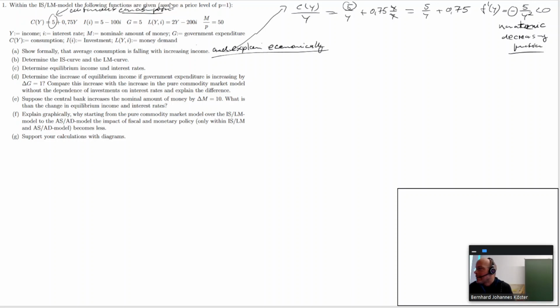This is a nice little micro explanation, but it has nothing to do with the macroeconomic model. The reason in a macroeconomic sense is this empirical fact that richer societies consume relatively less. So be careful with these nice little videos.